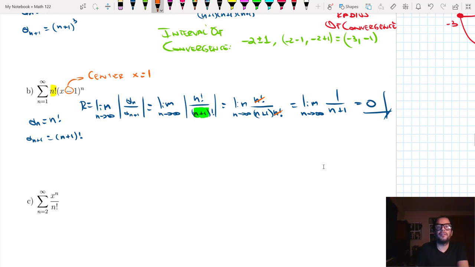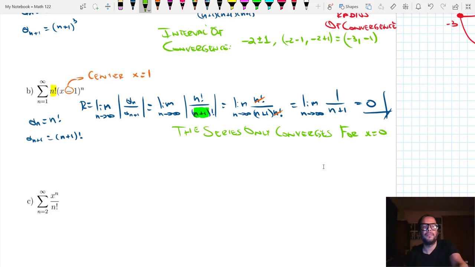So the series only converges for x equals 1. Okay, how come?